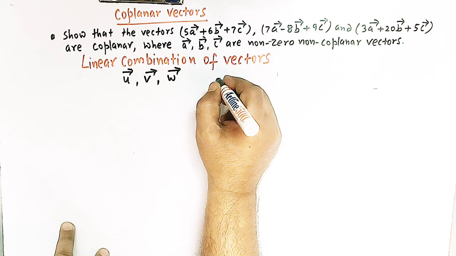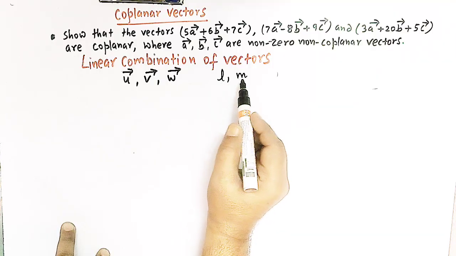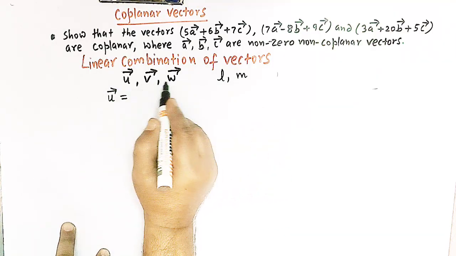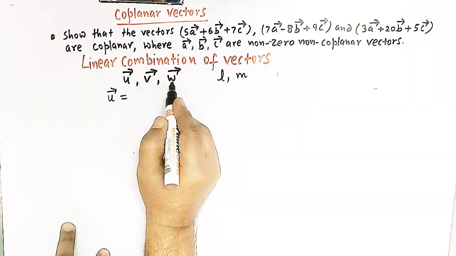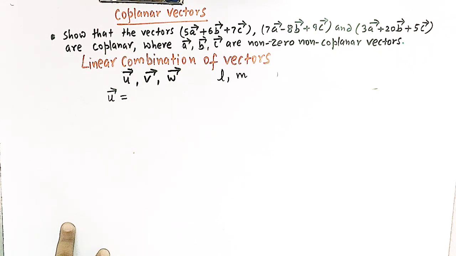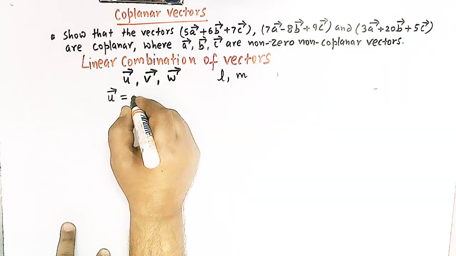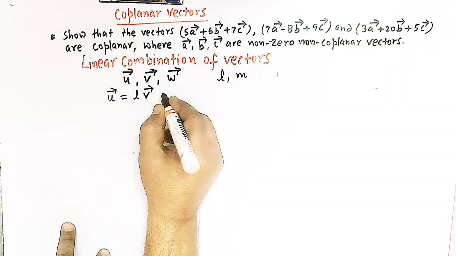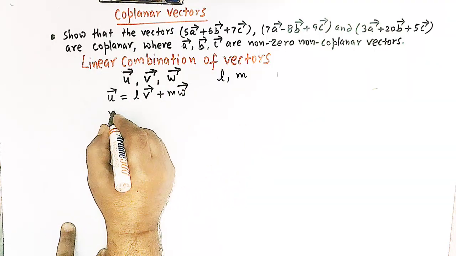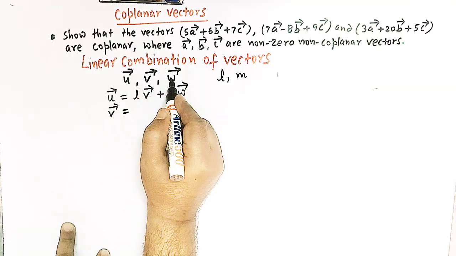So now consider two scalars L and M. So L and M are two scalar quantities. Now if we are able to express the vector u as a linear combination of vector v and vector w, then these three vectors are said to be coplanar vectors, right? So we can now write vector u as Lv plus Mw, and we can also write the vector v as a linear combination of vector u and vector w.